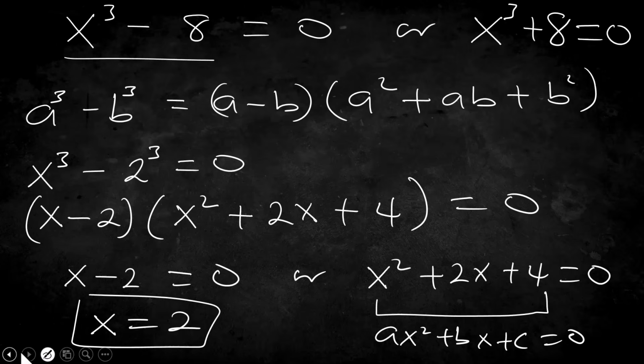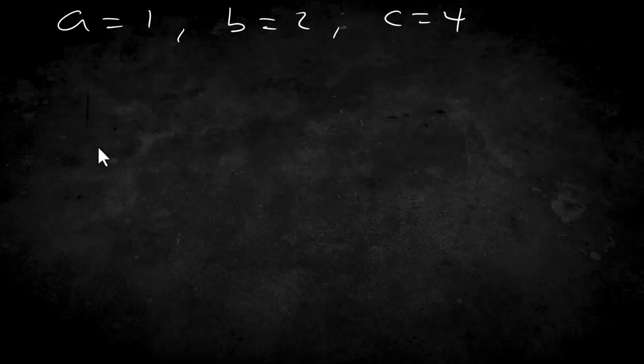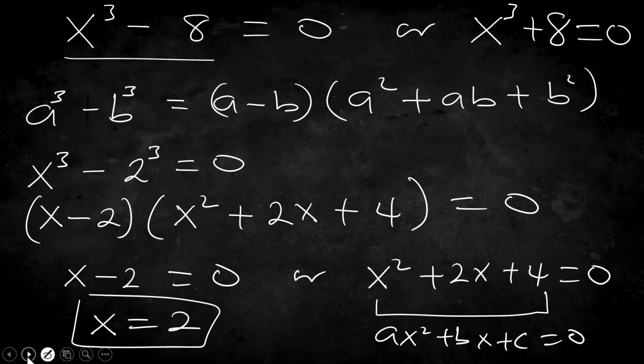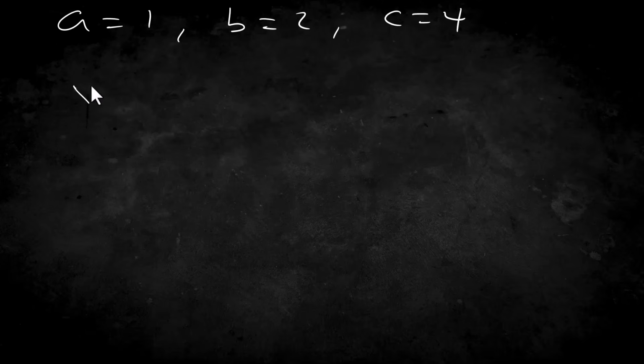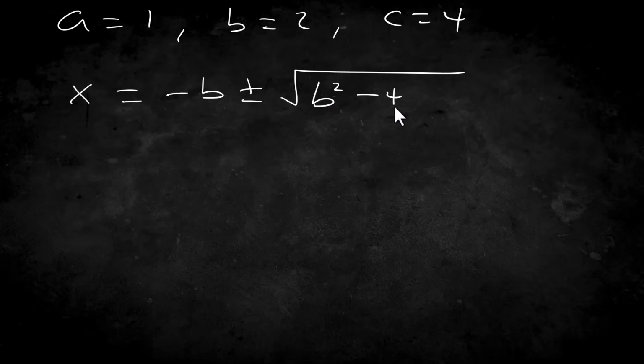Let's confirm again: a is 1, b is 2, c is 4. So we can write our formula as x equals minus b plus or minus the square root of b squared minus 4ac, all over 2a.